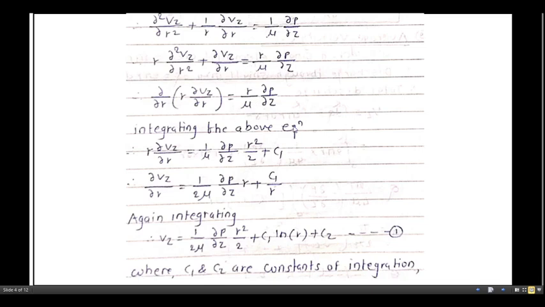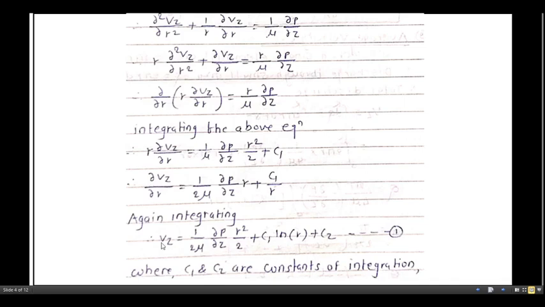Now integrating the above equation, we get r into dabba Vz by dabba r equals 1 by mu into dabba P by dabba z, which will remain as it is. The integration of r is nothing but r square by 2. The constant term comes into the picture. Again, if I integrate this term, then we get the second constant term in this way.